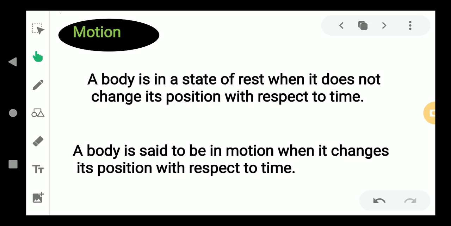So a body is in its state of rest when it does not change its position with respect to time. And a body is said to be in motion when it changes its position with respect to time.